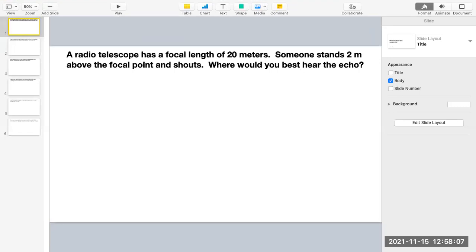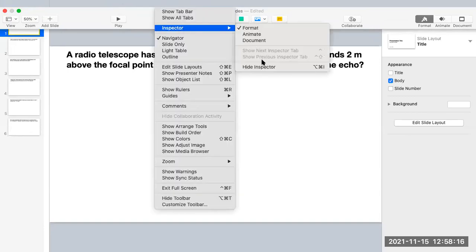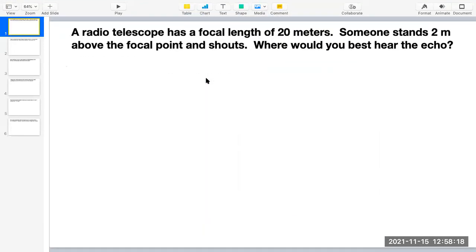So there is a radio telescope. A big disc. For us, it's going to work like a mirror. The math for sound, if we're just doing ray optics, will still work for sound.